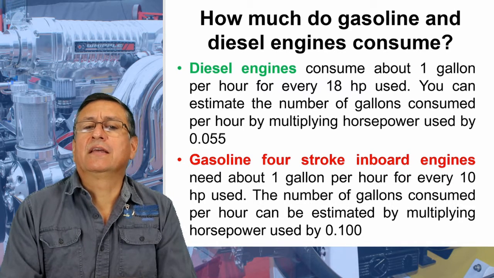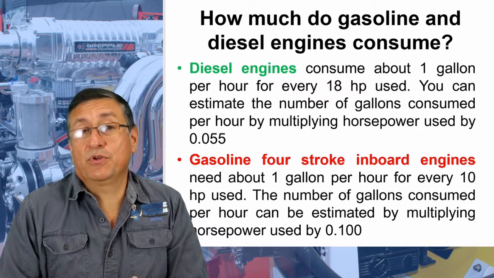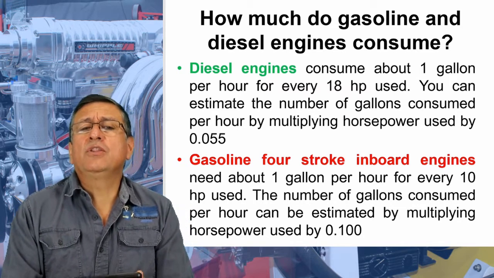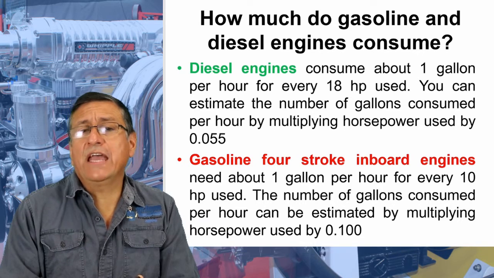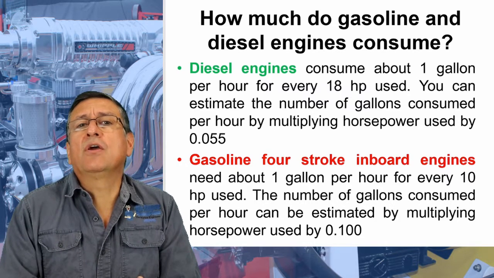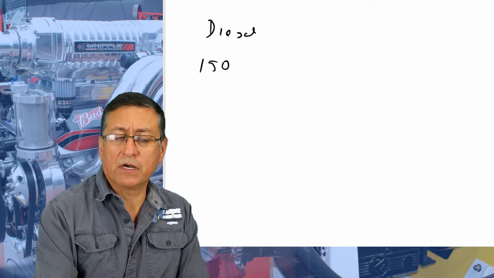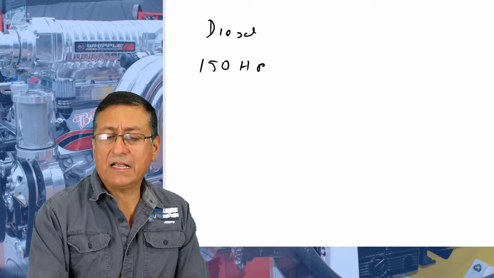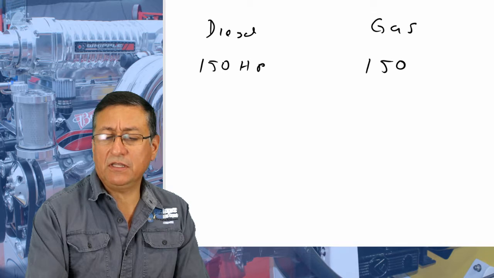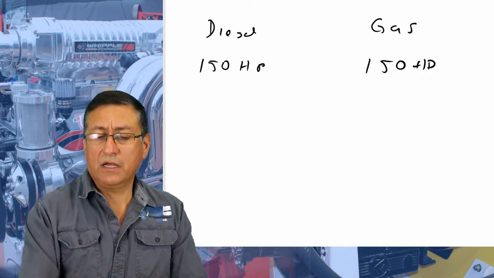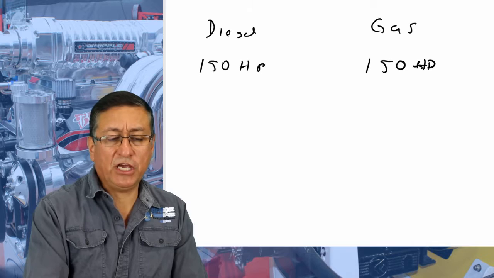What is the meaning of that? In order to calculate the consumption of a gasoline engine, we are going to multiply the horsepower of the engine times 0.1. I have a good equation here. Let me multiply. Okay, suppose that I have a diesel engine, 150 horsepower, and I have a gas engine, and the same capacity in horsepower, 150 horsepower each engine.